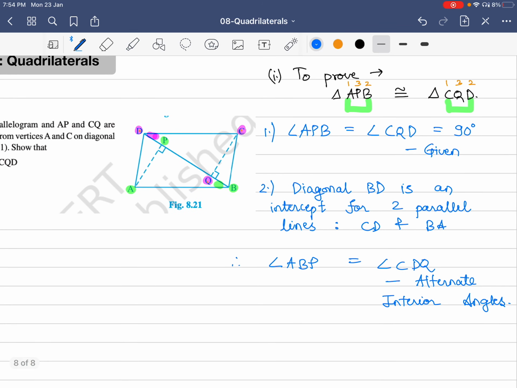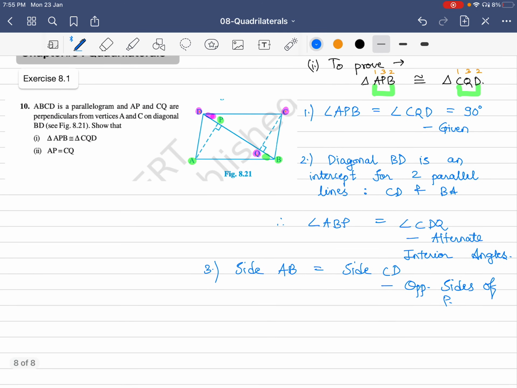So that's going to be my point number 3. So let's go ahead. Yes. So point number 3 is going to be side AB is equal to side CD. Why? Because they are opposite sides of parallelogram. I'm just going to write P dot for parallelogram. And now thus, point number 4.